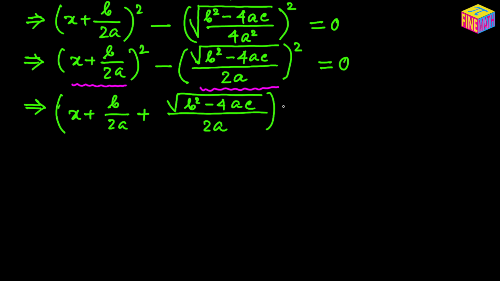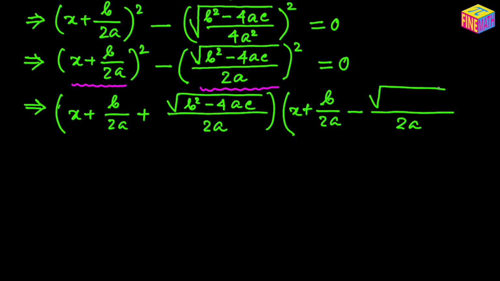And then times, we have x plus b by 2a minus the second term, which is again root over b squared minus 4ac over 2a, and this product is equal to 0. That's our original equation. So from here we can say that x plus, let's combine these two other terms together, right?